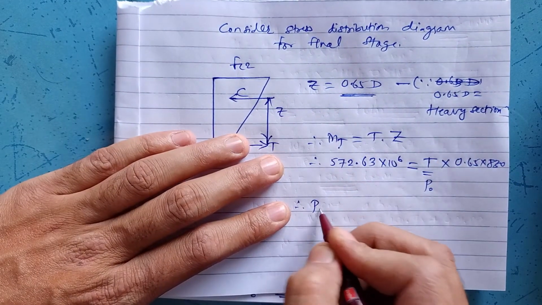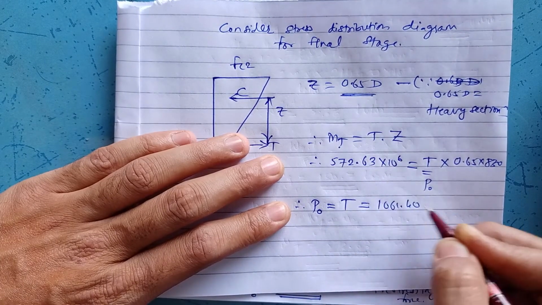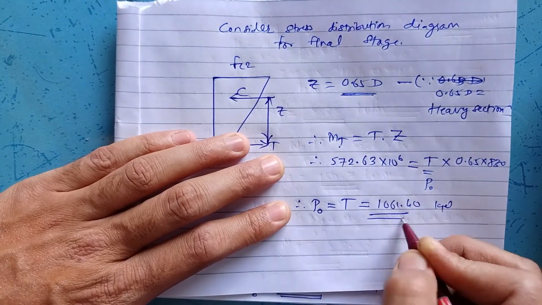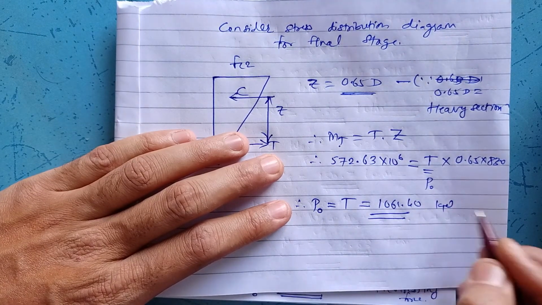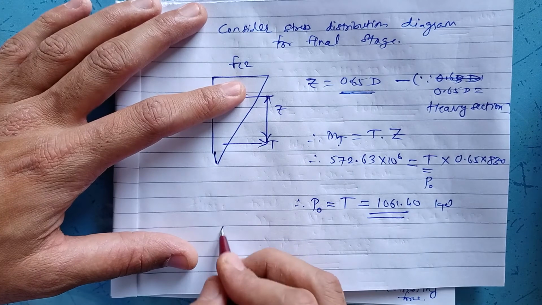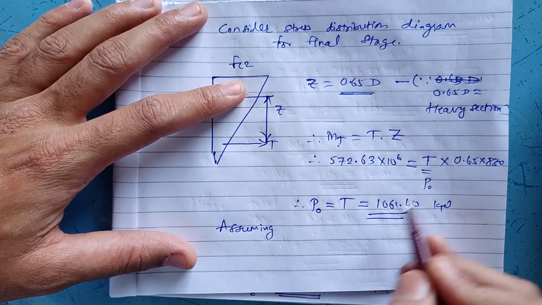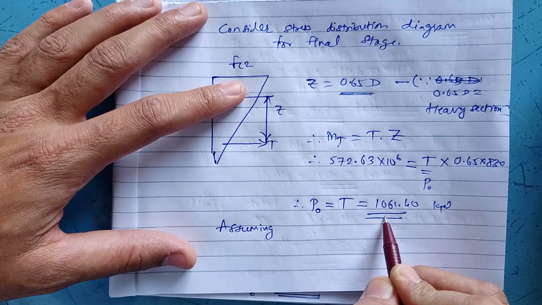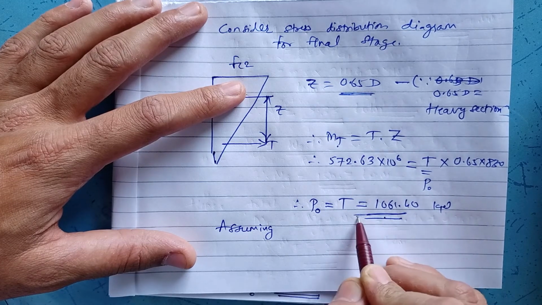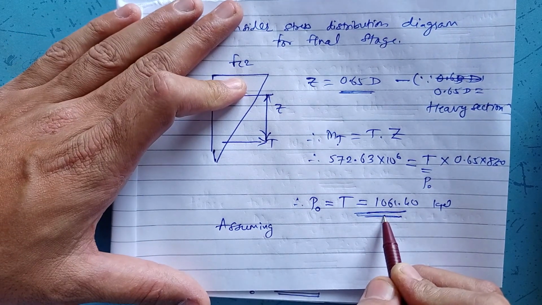On solving this we get P0, or say T, equal to 1061.40 kilonewton. This force is due to both dead load moment and live load moment. Hence, throughout we are supposed to consider this P0, 1061.40 kilonewton.